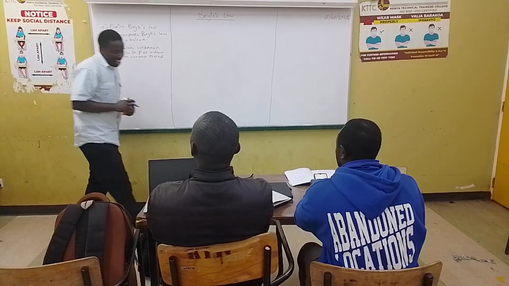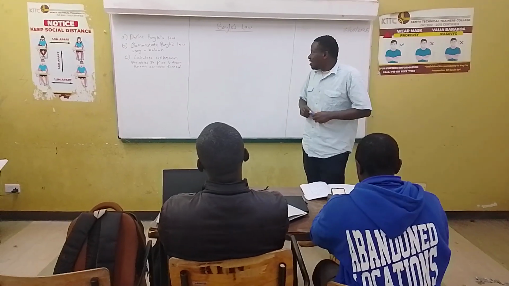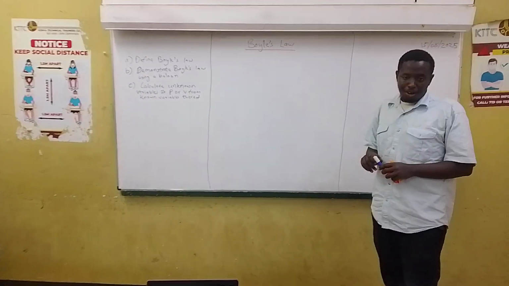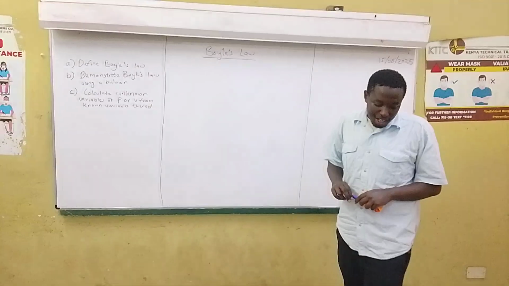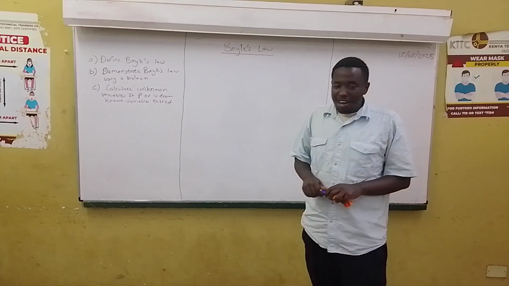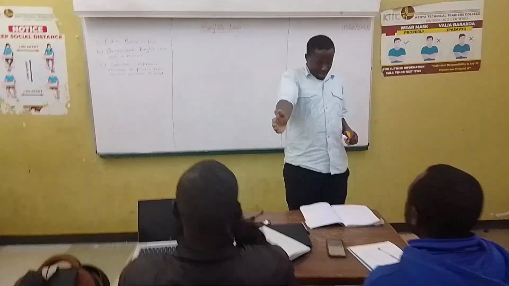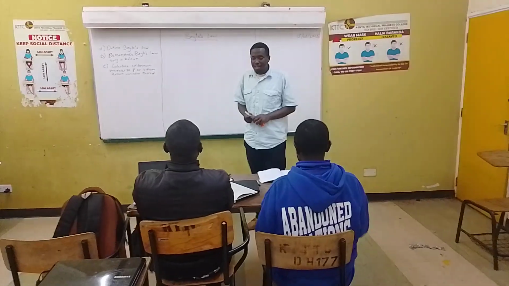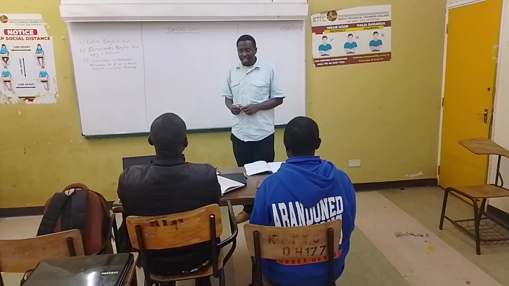So I believe when we're talking about Boyle's law, we'll be dealing with pressure and volume. I believe this isn't the first time you have met with this concept. So I'd like you to define for me what pressure is and what volume is. Pressure is the force acting per unit area.